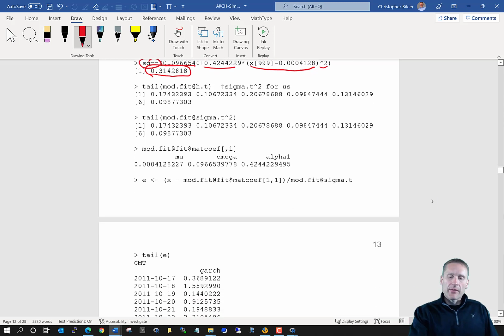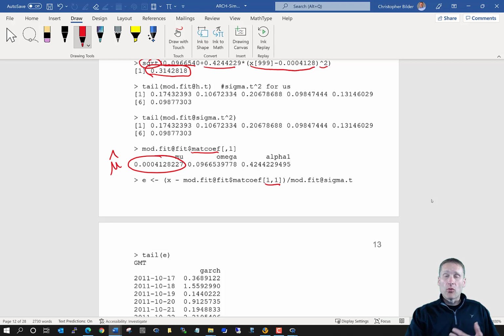Some other things here. If you want to see the corresponding parameters estimated that are stored inside the object, you can use @fit$matcoef to pull them out. Mat stands for matrix, coef stands for coefficients. If I did the 1,1 element, here is my mu hat.